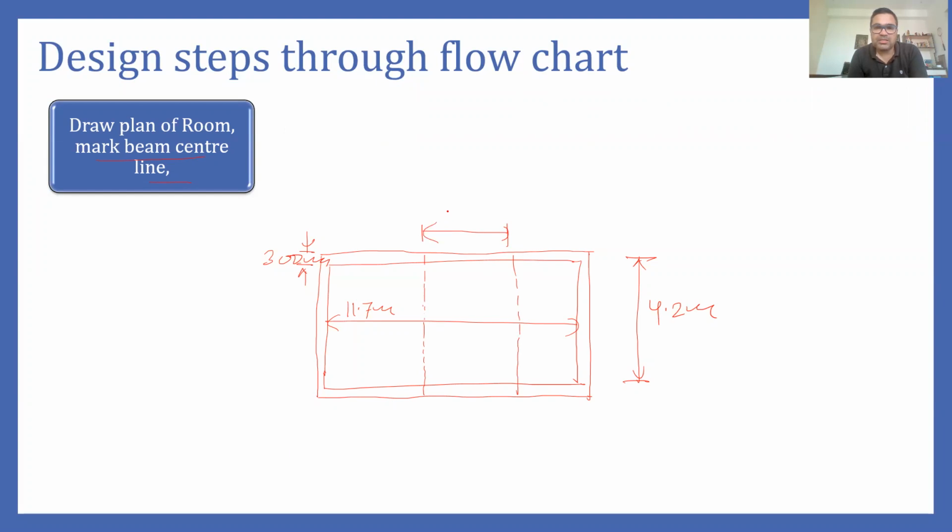So the spacing is also given, which is 4 meter, and the total length, if I try to draw the center to center line, and similarly here also the center to center dimension, this will become 11.7 plus half of the thickness of this wall and half of the thickness of this wall, so it becomes 0.3 meter.